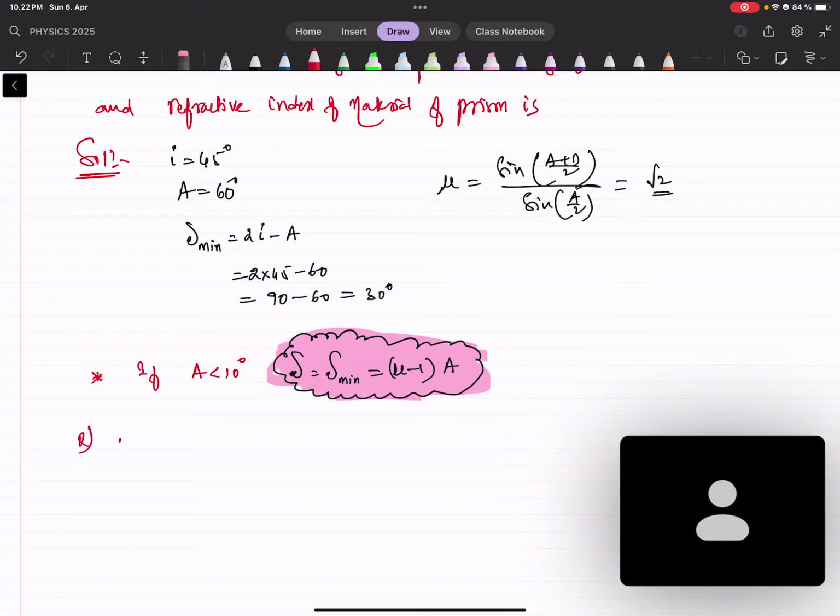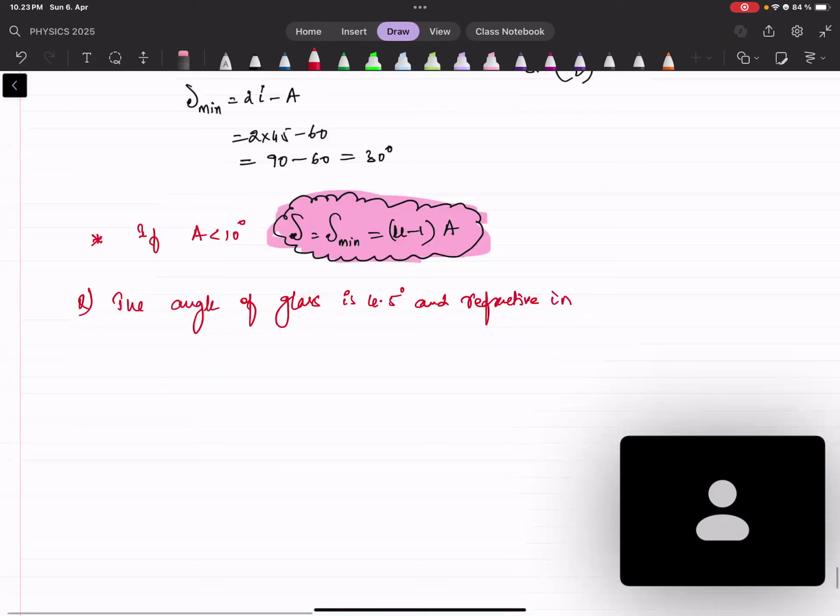See, one question based on this formula. The angle of the glass prism is 4.5 degrees, and the refractive index is 1.52.